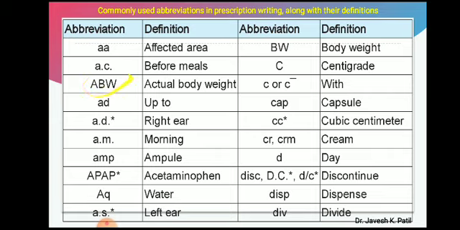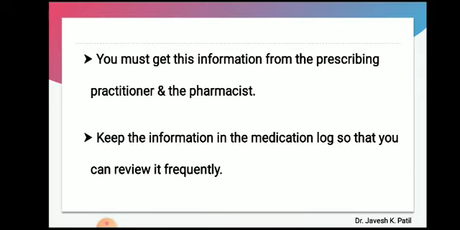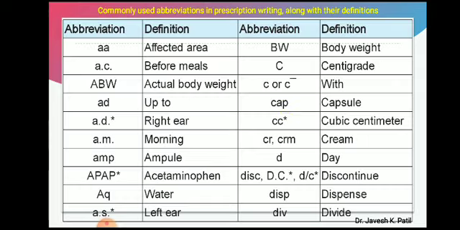See here, ABW, actual body weight, and this is the body weight. Then C, which is also known to us, centigrade. This is another popular terminology, actually with. How we used to write C with a line over it, which is written like this, C and a line over it, that is with.